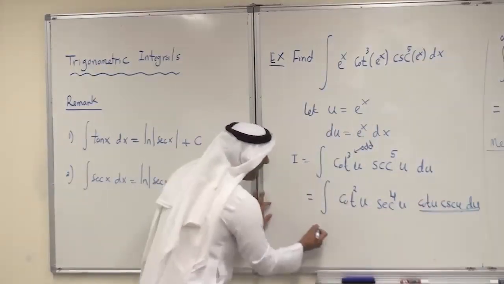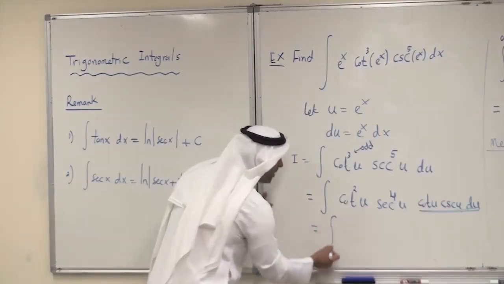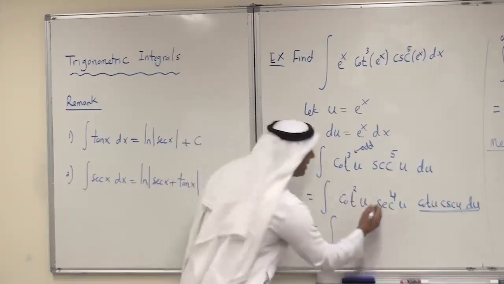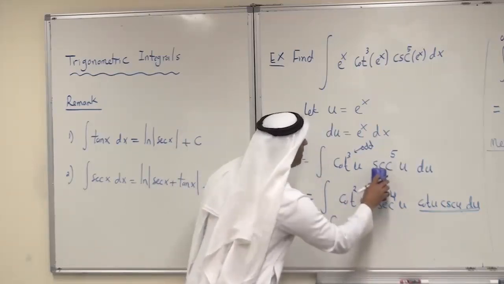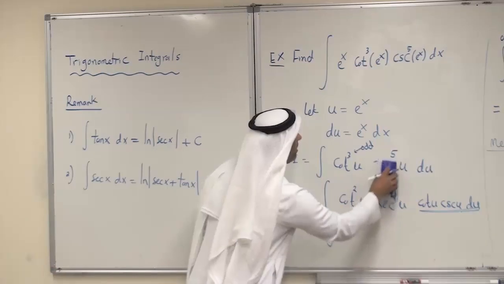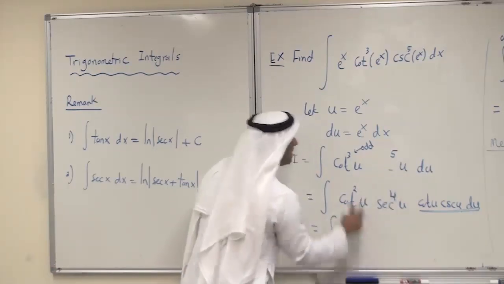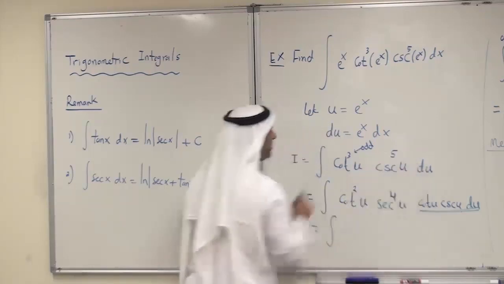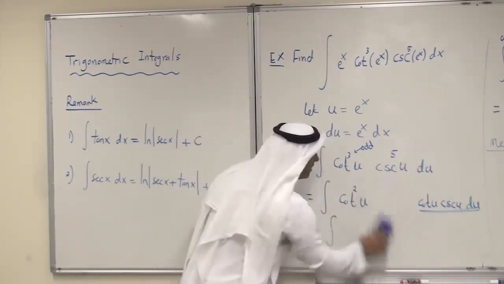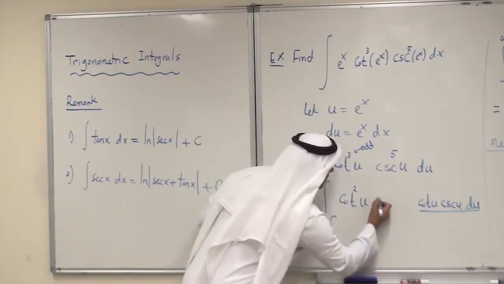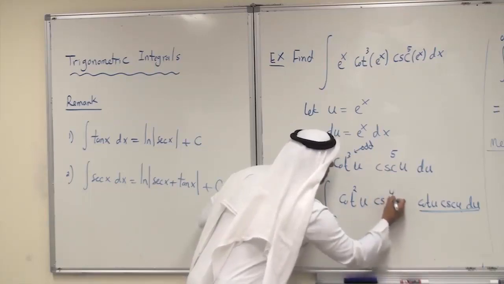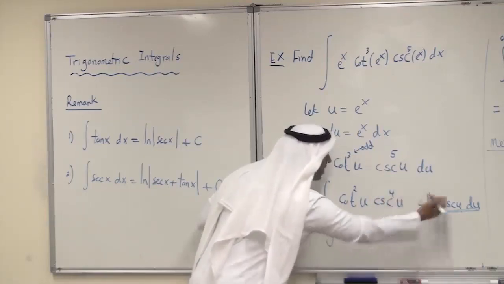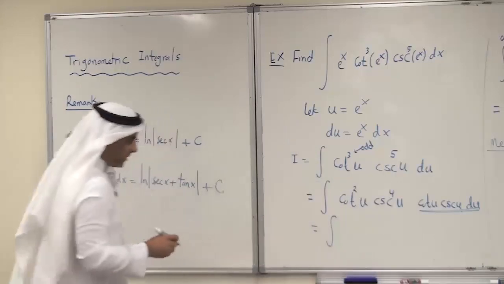So what is next then? After separating one cosecant, this is not secant, I just miswrote this, it is cosecant, sorry for this. Cosecant to the power 5 of u du. So again, this is cosecant to the power 4 of u. I separated one cosecant and one cotangent.